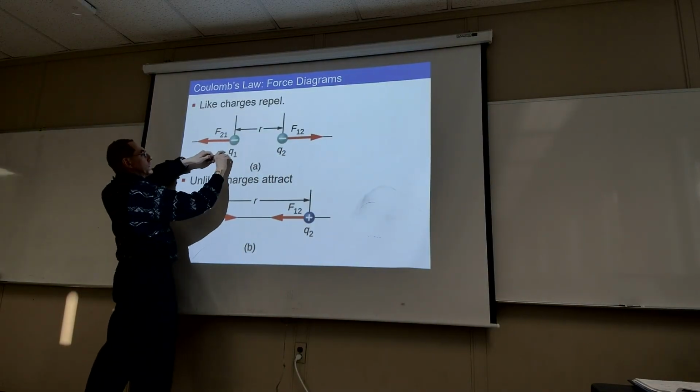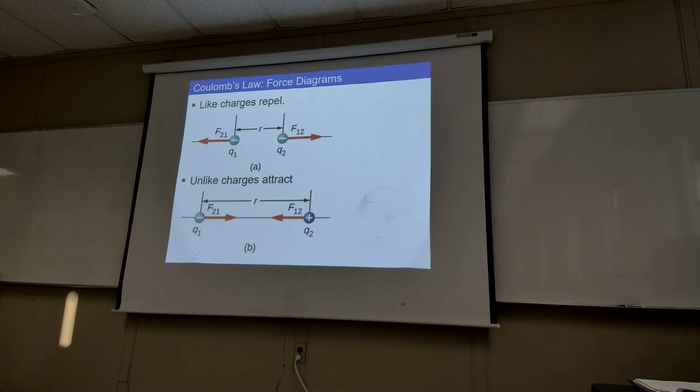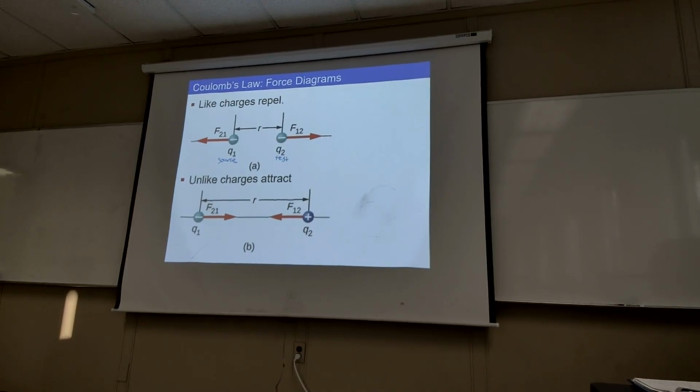Let me write this down because it'll be hard to follow otherwise. Q1 is my source charge, and this is my test charge. I want to calculate the force on this charge here. I'm going to have F equals K Q1 Q2 over R12 squared times R12 hat.